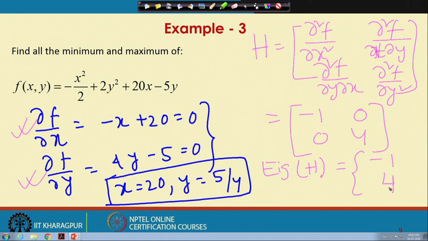So, one eigenvalue is negative, another eigenvalue is positive, which shows the Hessian matrix is indefinite. So, if the Hessian matrix is indefinite, we know that the stationary point is a saddle point. So, we have a saddle point at x equal to 20, y equal to 5 by 4.